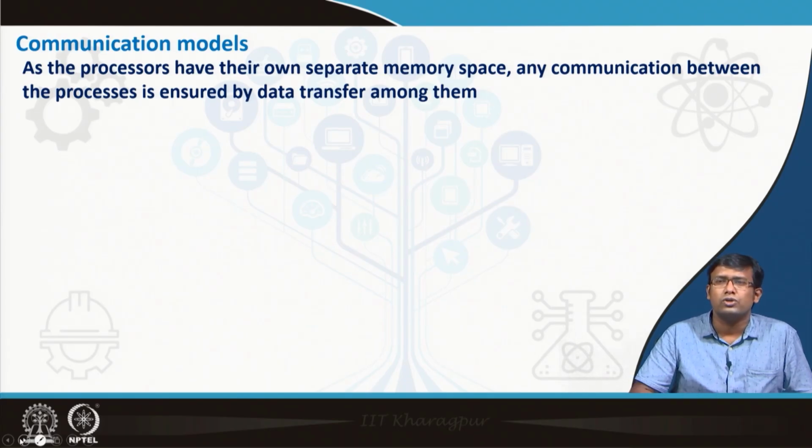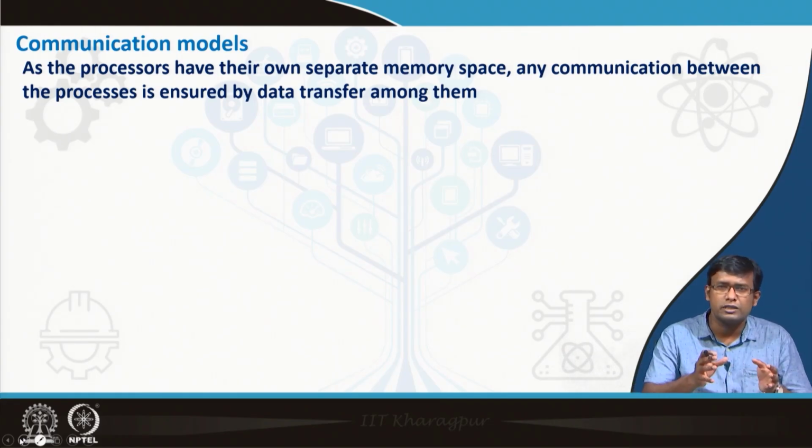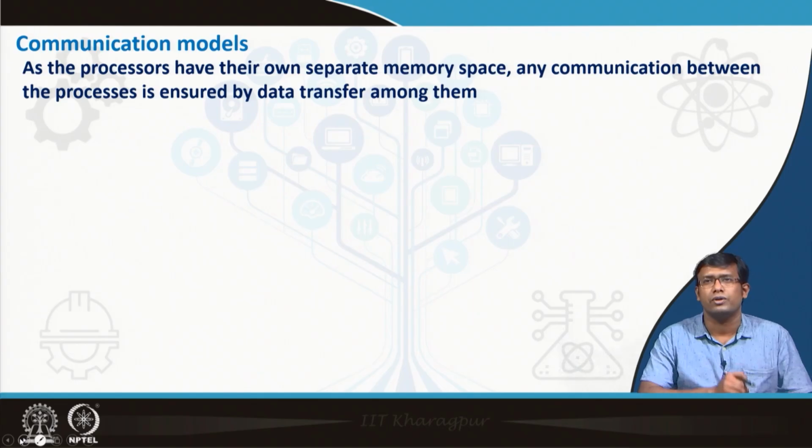Only the processor can access memory and process some data. So if one processor's data space or address space has certain elements which are required by another processor, this has to be communicated between the processors. Again we come back to our money sharing example.